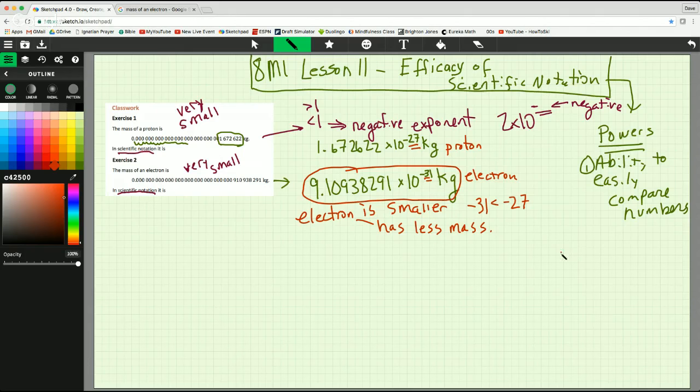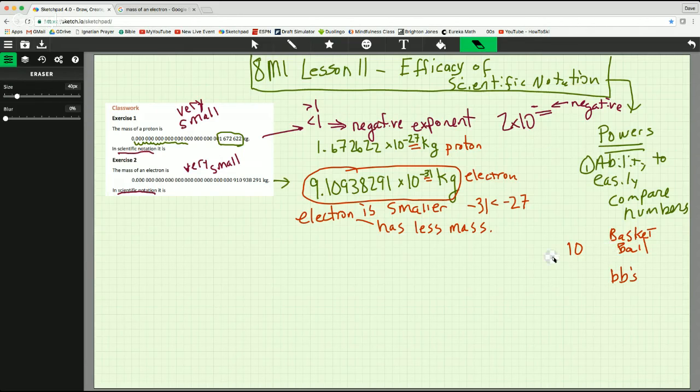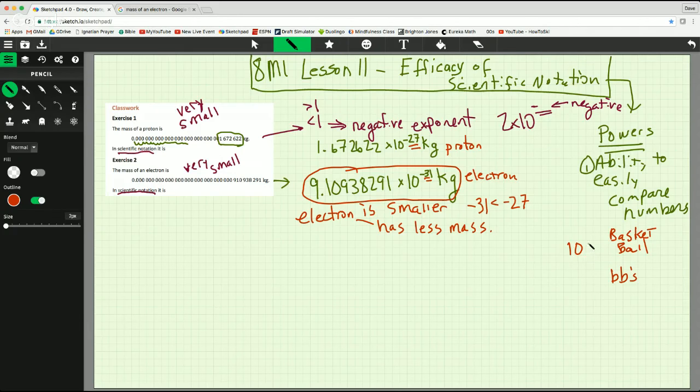If I know that a basketball weighs 10 pounds, and a BB weighs 0.001 pound, then to figure out how many BBs I have to put in a bucket to weigh the same as a basketball, you just say 10 divided by 0.001.